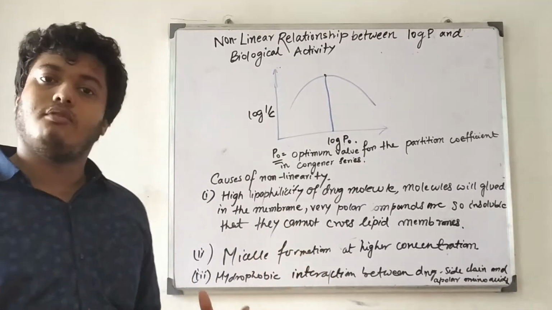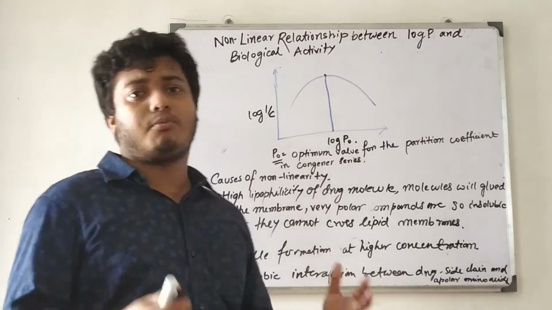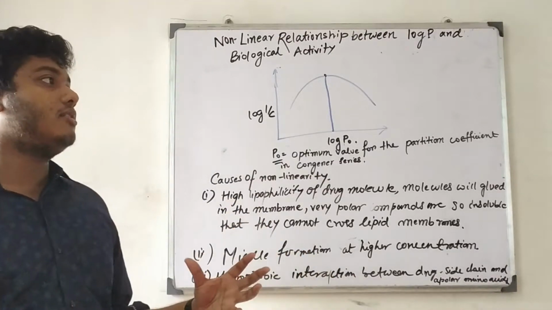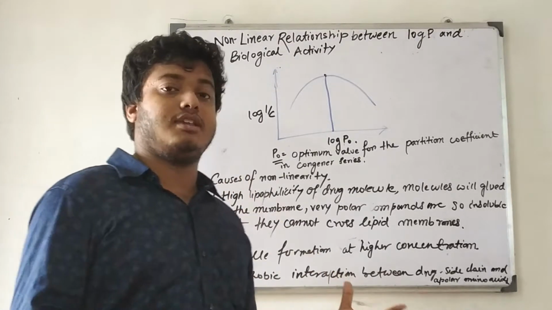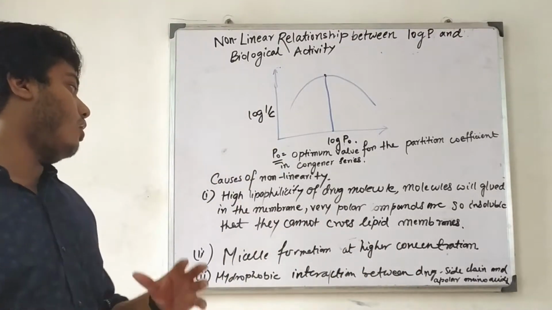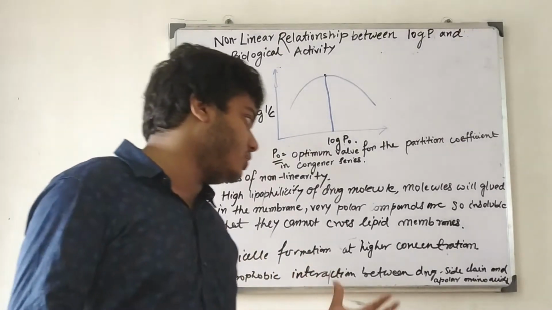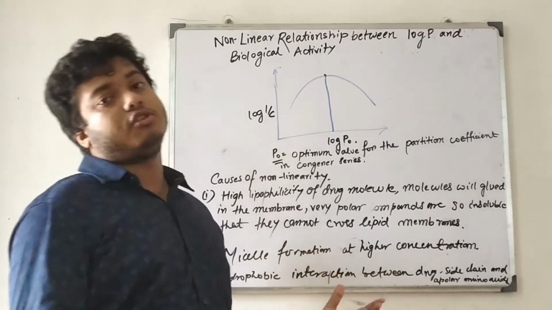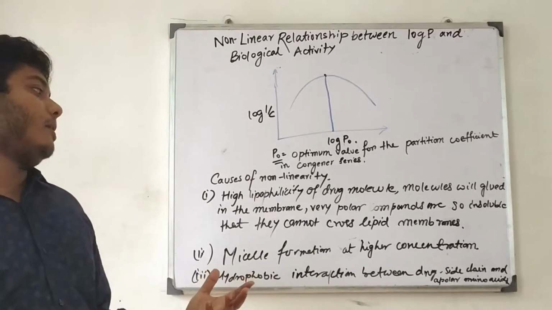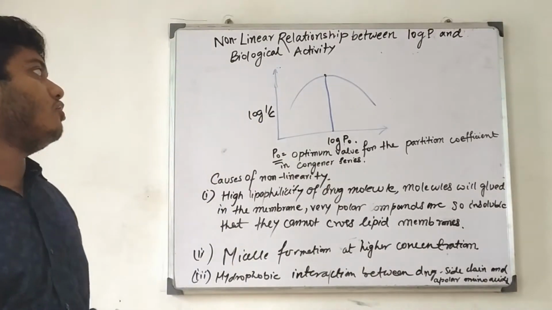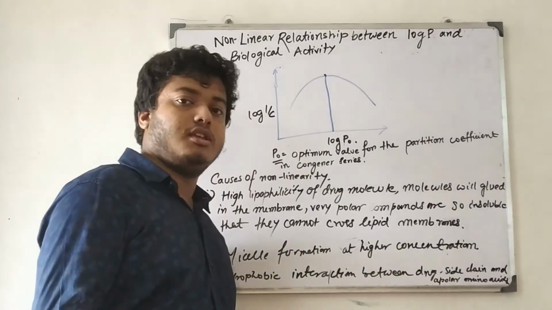Our body is full of amino acids; everywhere the proteins constitute amino acids. So these apolar amino acid side chains usually interact with the drug moiety. So the hydrophobic interaction between the drug side chain and apolar amino acids is also a cause of non-linearity. So these are all the parameters due to which non-linearity is generally observed.